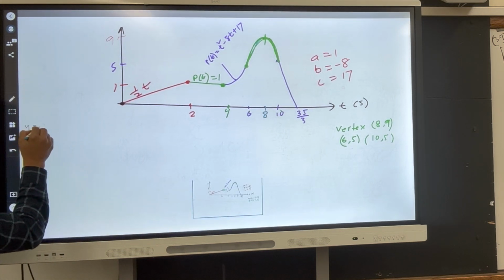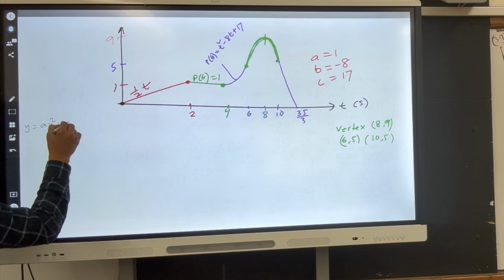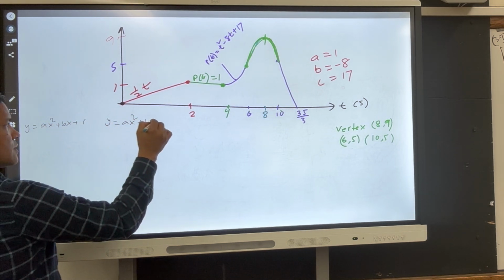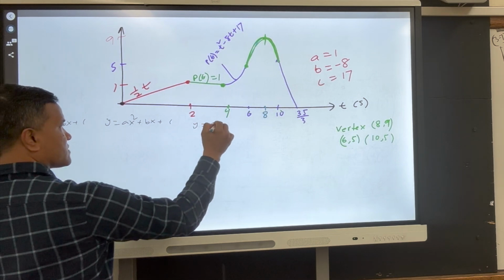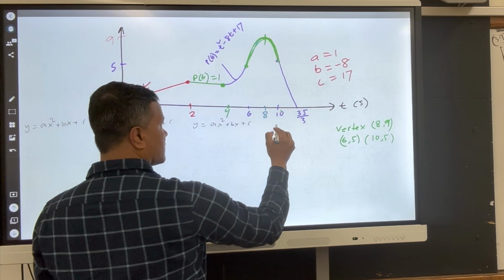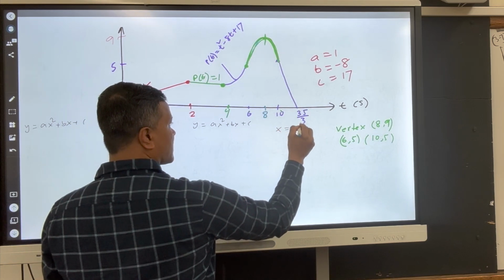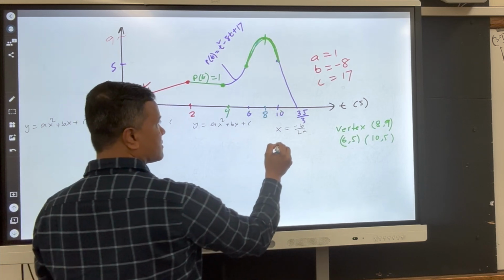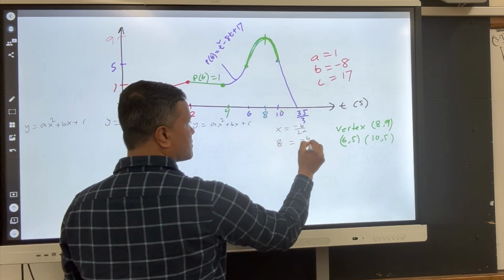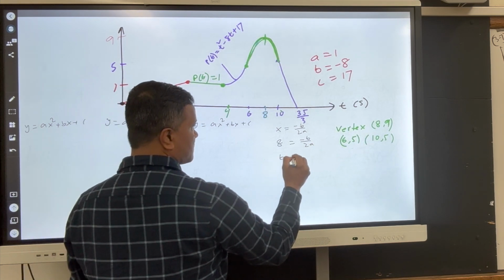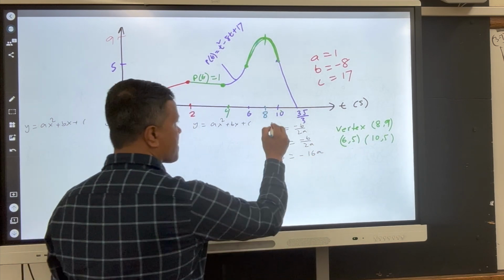y is equal to ax squared plus bx plus c, three times. And x is equal to negative b over 2a. So x is 8, equal to negative b over 2a. So b is equal to negative 16a.